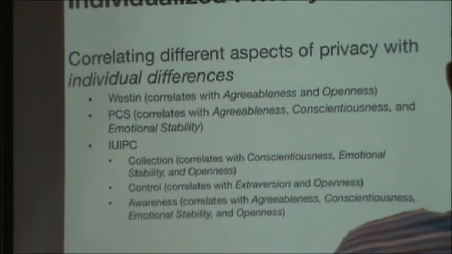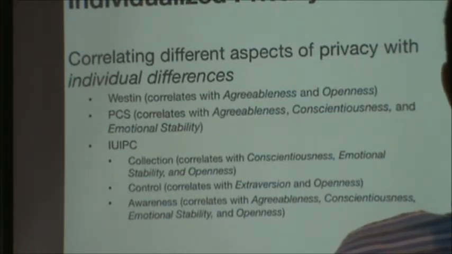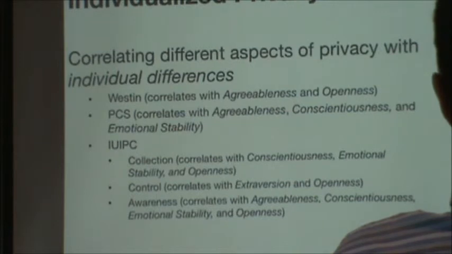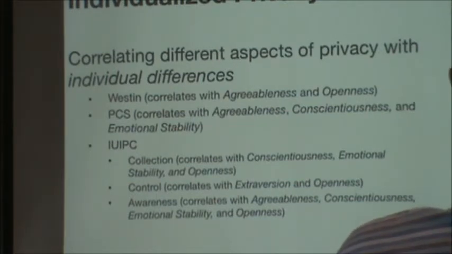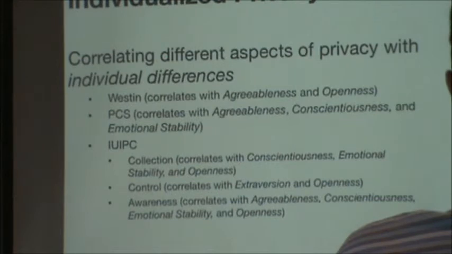And we found that those people who score highly on the Westin Index as, say, privacy fundamentalists correlate inversely with agreeableness and also inversely with openness to new experiences. These traits I have listed here are from the Big 5 personality traits, which are widely used in the psychology literature. And we found that a lot of these different metrics actually correlate with different types of personality traits.